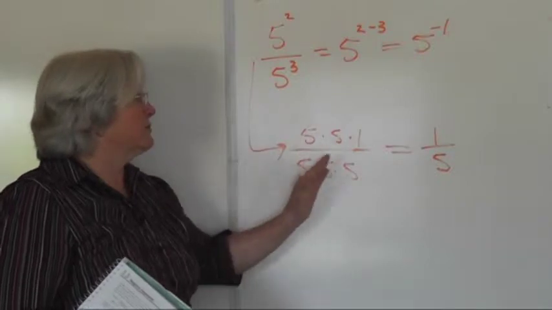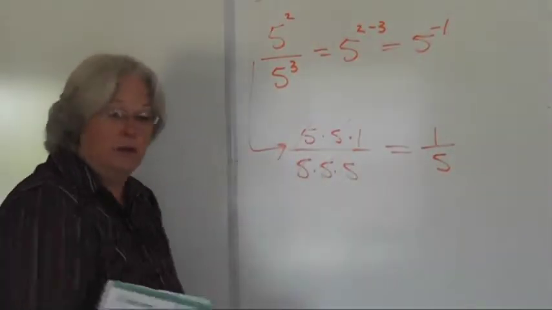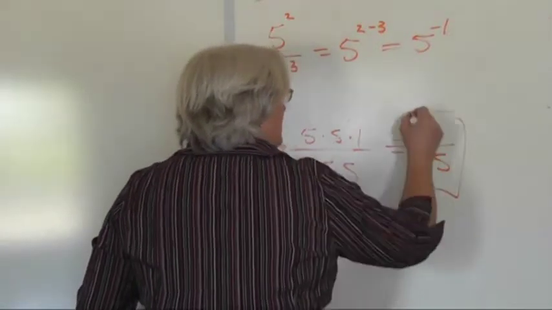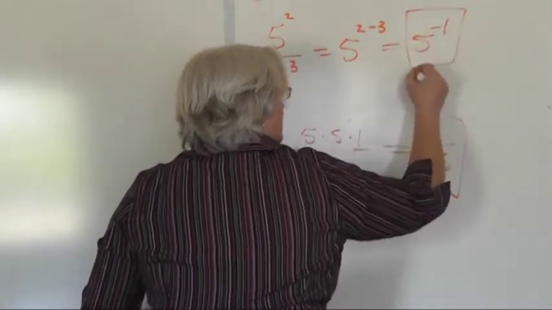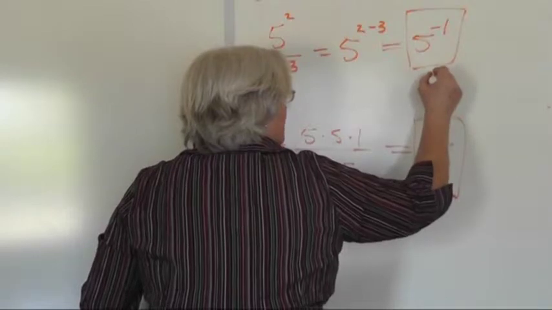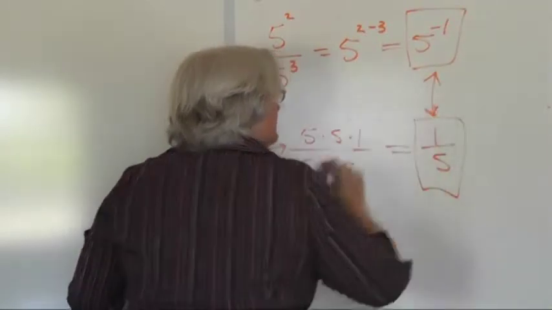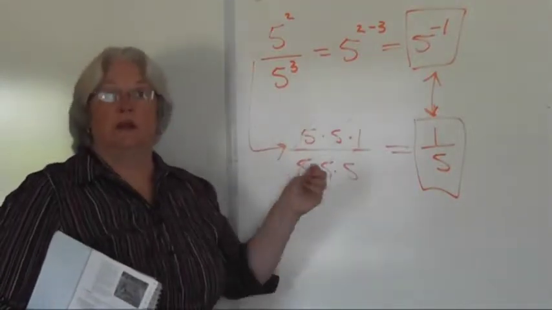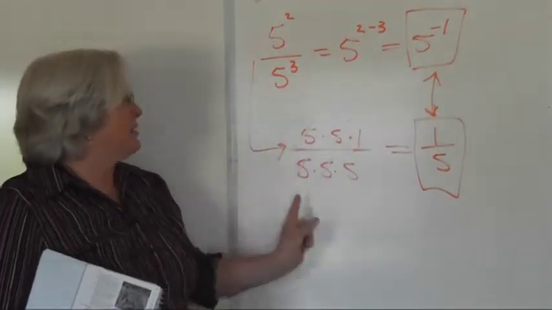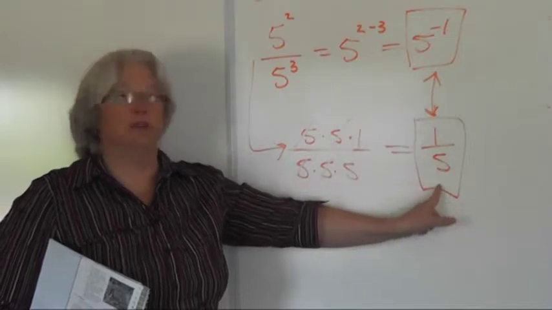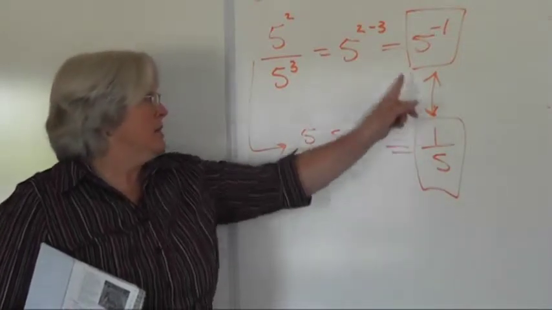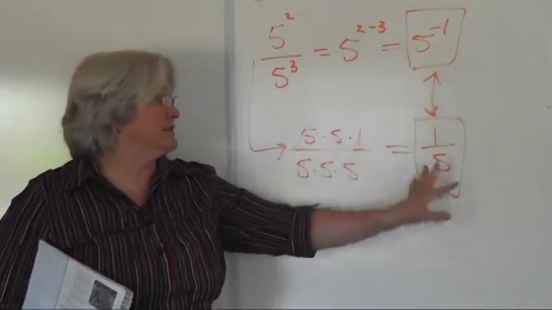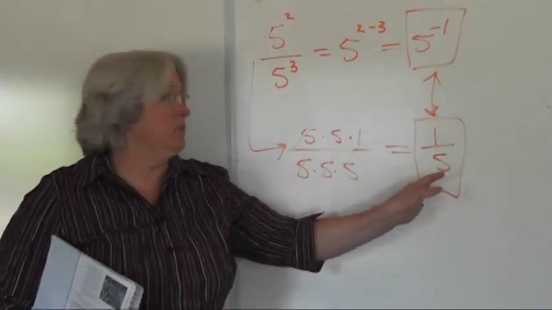Canceled our common factors and found out that we had a result of 1/5, which we were a little bit happier with because we at least recognized 1/5. Both of these are totally legitimate ways to solve the problem. We have 2 different appearing solutions, but these are different ways of expressing the same value.